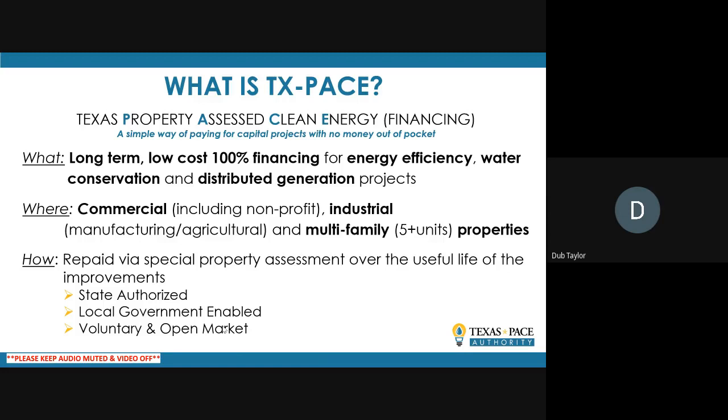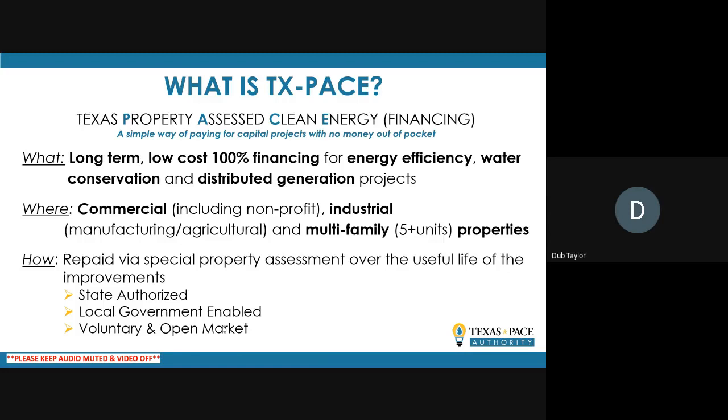How does it work? Well, PACE projects are repaid through a special assessment that matches the useful life of the improvements. So instead of a short-term loan, you can have a longer-term loan that better aligns the benefits with the costs. It's state authorized through state law. Local governments then create local programs and define a PACE district.